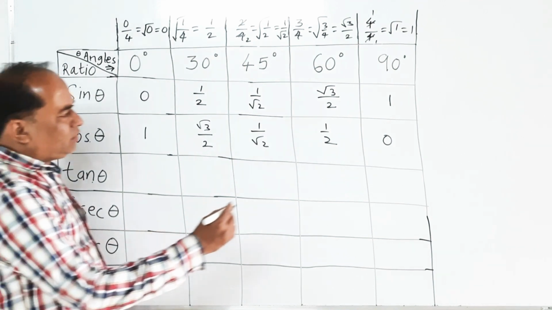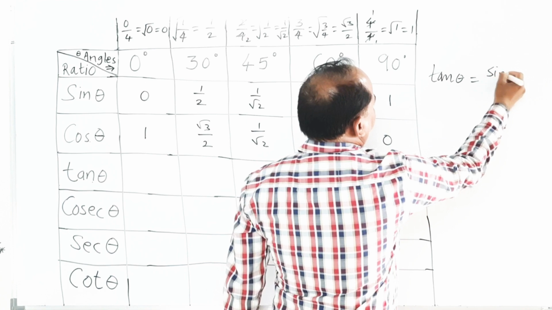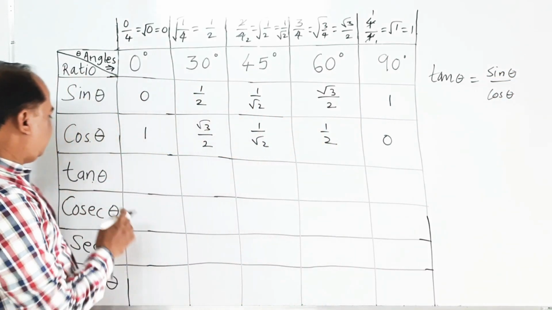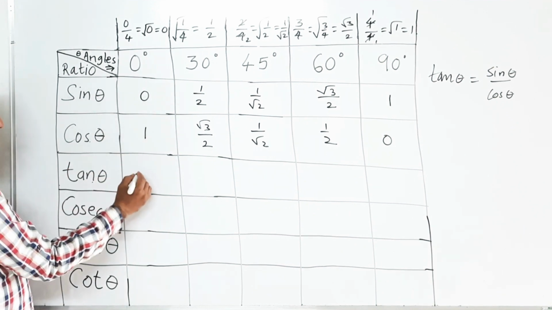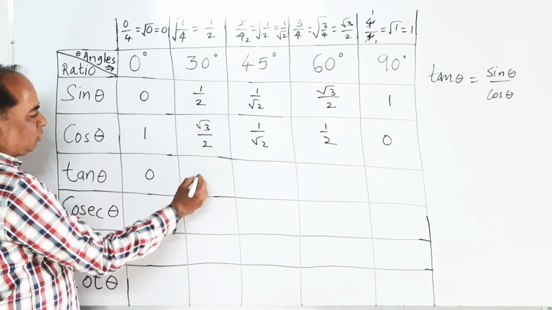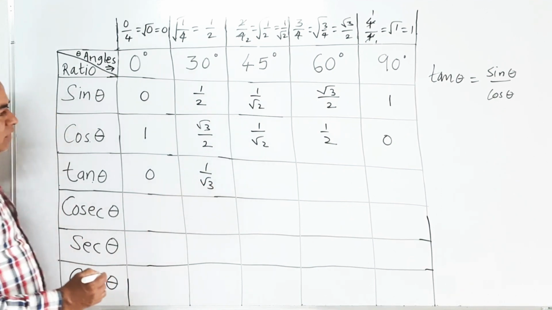Now we know that tan theta is equal to sin theta upon cos theta. So here the tan value is sin upon cos, so 0 divided by 1 is 0. 1 upon 2 divided by root 3 upon 2 will become 1 upon root 3.